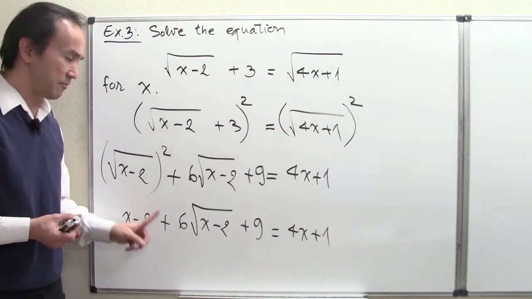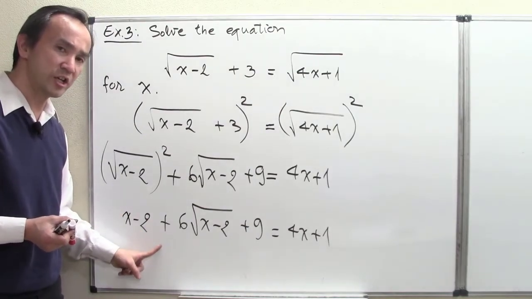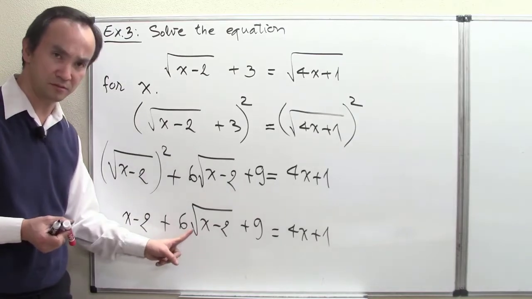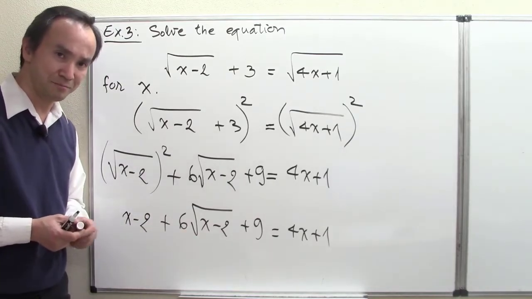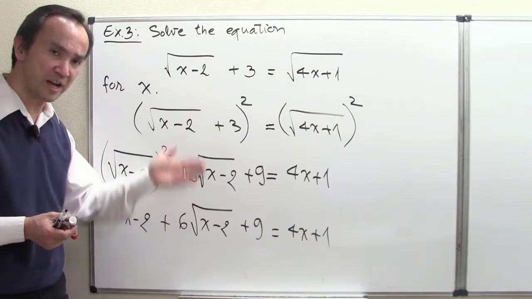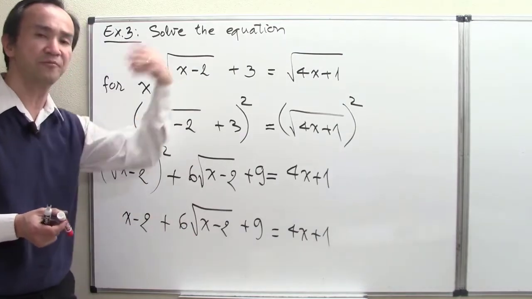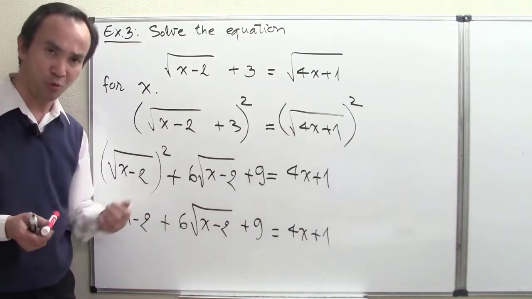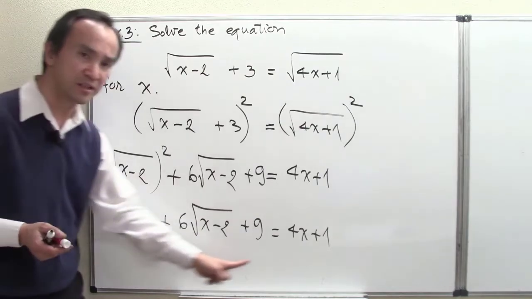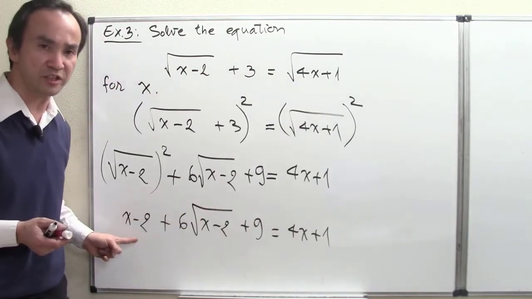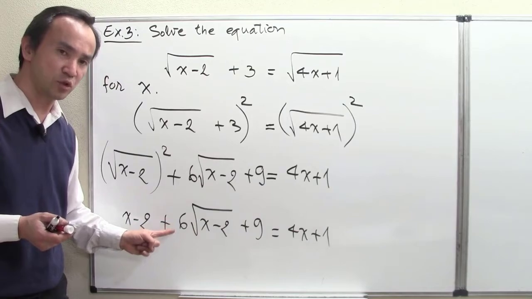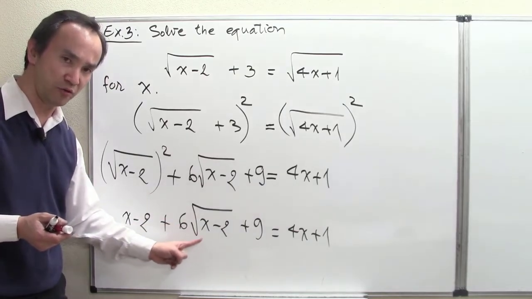Now I have observed that my resulting equation still has one square root term remaining. But at least the resulting equation has reached the form where we have some experience from example 1 earlier, where we can treat this resulting equation as a square root equation with one square root term.